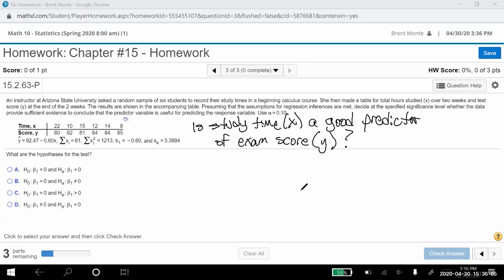And notice they only give us 6 students because the calculations take so much time if we're doing it by hand. Prior in the last chapter, we looked at, hey, we can look at R squared, the coefficient of determination, to see how much change there is in the score based on the study time.